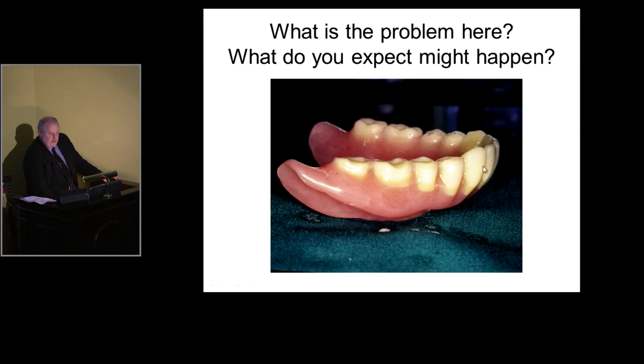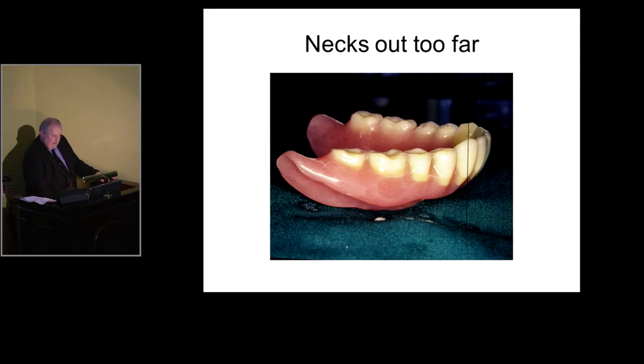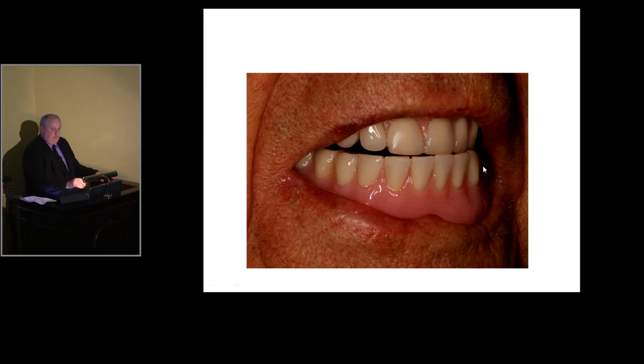So in this situation, the teeth are out here, the sulcus is back here. What do you think might happen to this denture? It might lift up every time they smile with mentalis. So that's where the sulcus is. This is where the necks of the teeth are, out too far. This person, their lower denture jumps up when they're talking. What do you think might be causing that? Overextension? No.